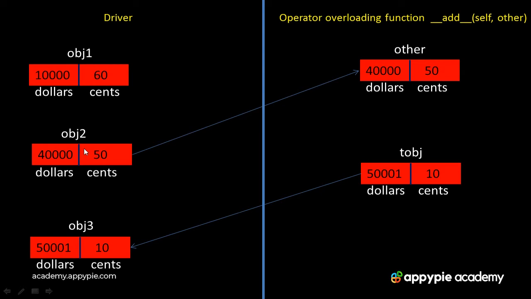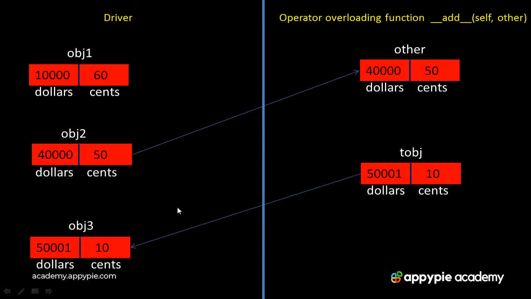In the second object, obj2, the values are 40,000 and 50. My requirement is to add the values of obj1 and obj2 and put the result into the third object obj3. For this purpose I will have to write an operator overloading function that overloads the plus operator.